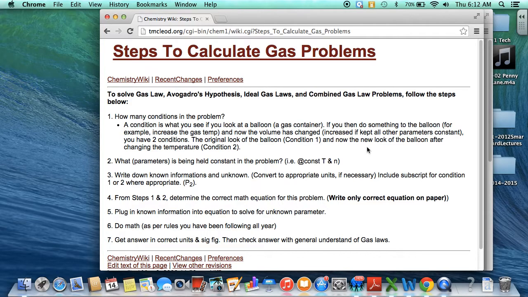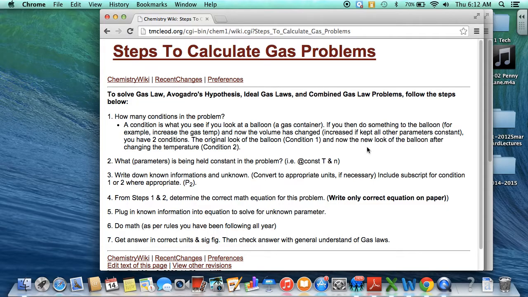Then whatever I do to it, I cool it, I heat it, I compress it, it leaks, you have a new condition, which I call condition 2: pressure 2, volume 2, temperature 2, number of moles 2. You can see you have a two condition problem if there are action verbs.